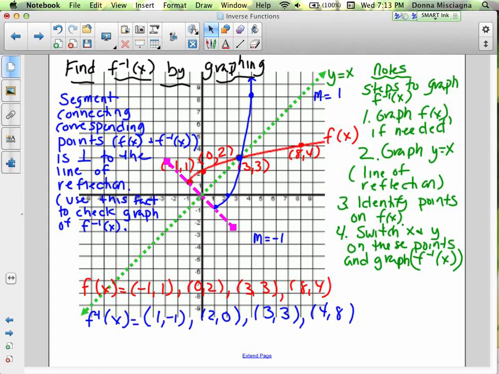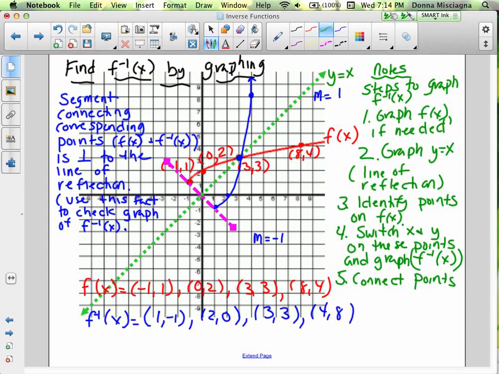combined with your steps, which I didn't finish writing down: switch x and y on the points and graph, which we did, and then connect the points to graph f inverse.